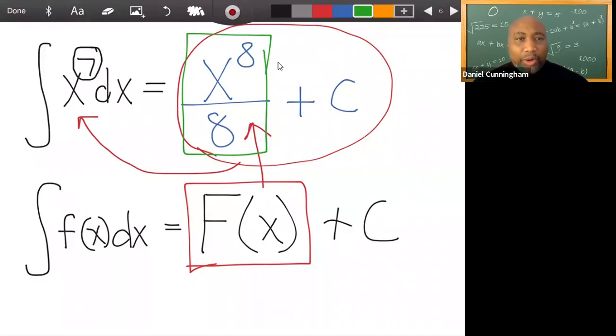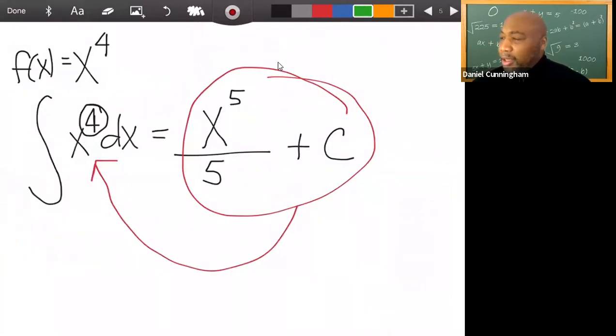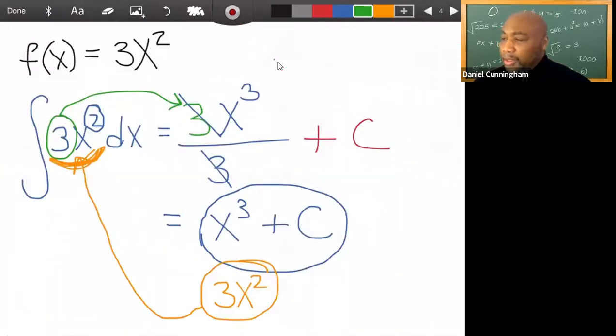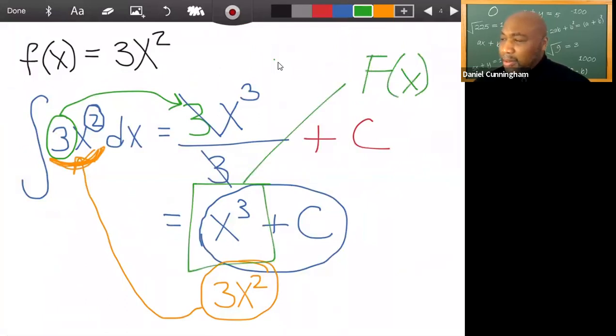When we take the integral, we get capital F of x plus c. Same thing before, and again before, this piece here will be capital F of x plus c. So that's using the power rule.